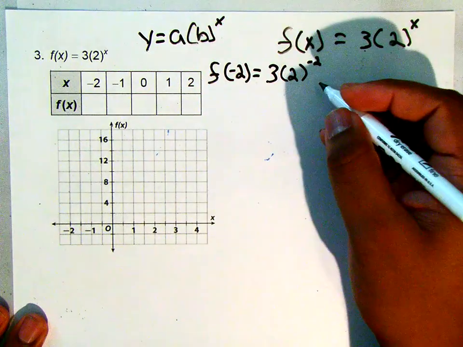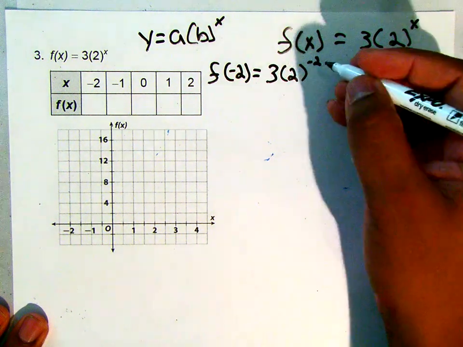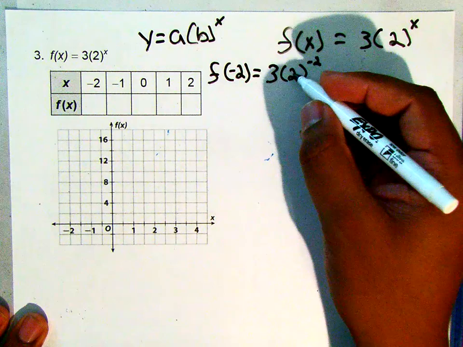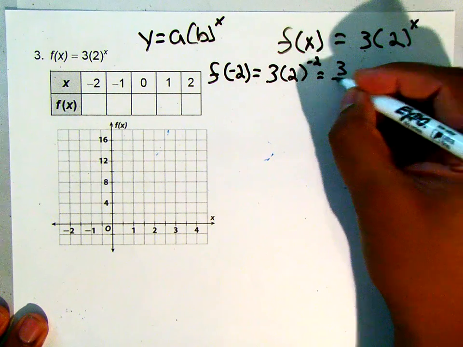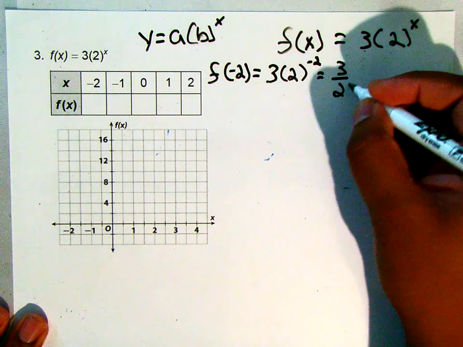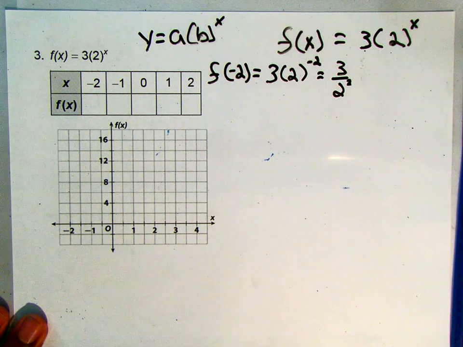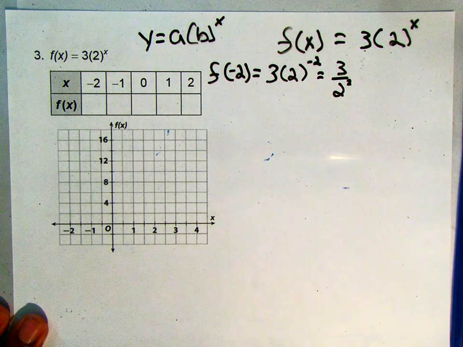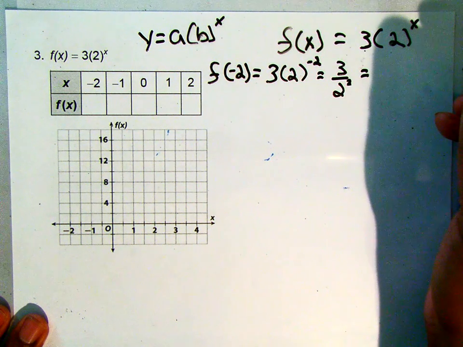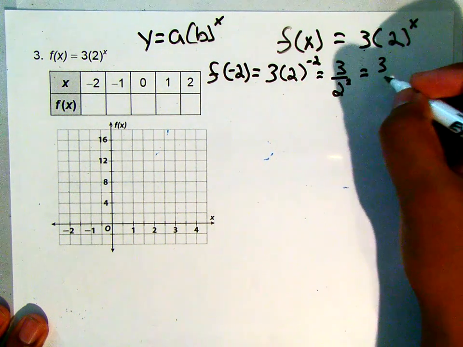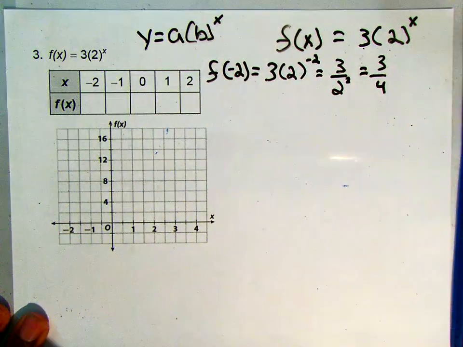Like I said in a video on working with exponentials, since it has a negative exponent, we drop this part into the denominator. That leaves us with 3 over 2 raised to the second, which gets us 3 over 4, or 3/4.